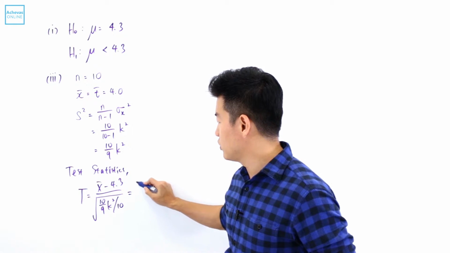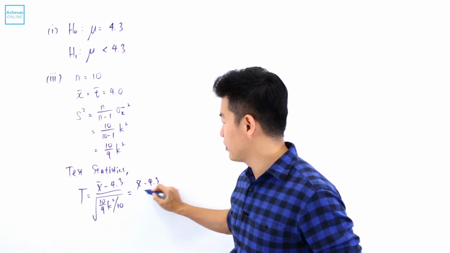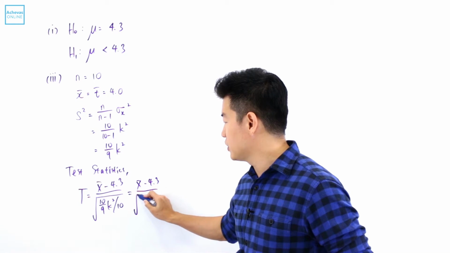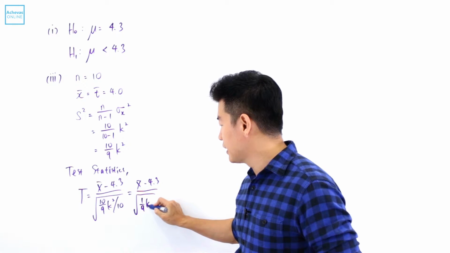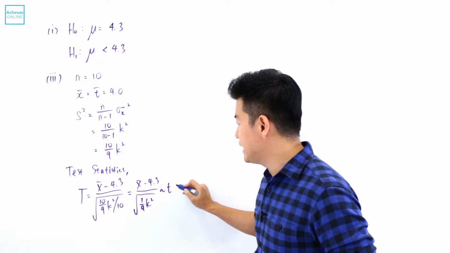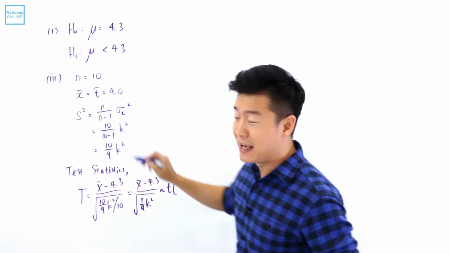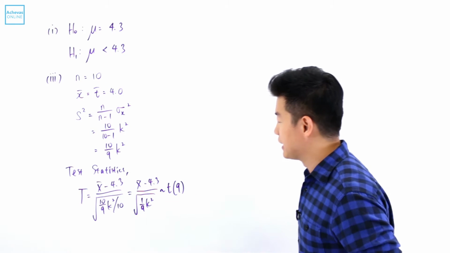This is going to be equal to x bar minus 4.3. Let me simplify this a bit. So it is the square root of 1 over 9 k squared, which will follow a t distribution of n minus 1, 10 minus 1, so this is 9.